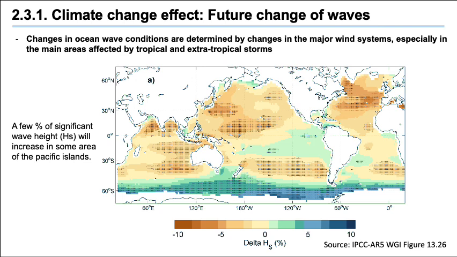However, there is low confidence in projections of future storm conditions and hence in projections of ocean waves. Nevertheless, there has been continued progress in translating climate model outputs into wave and wind projections.